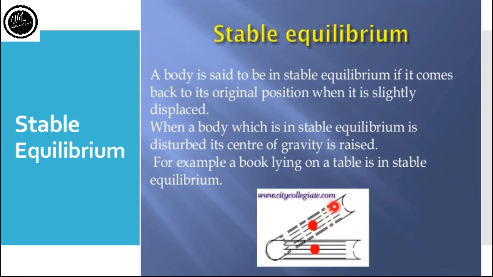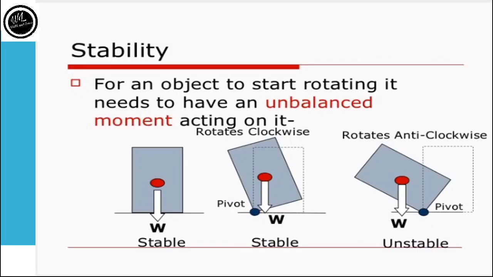When I release it, it will come back to its original position and its center of gravity will again be lower, or we can say it will be stable by lowering its center of gravity. In stable equilibrium, the body is at the lowest center of gravity. When you slightly tilt it, its center of gravity rises, and it returns to its stable state by lowering its center of gravity again.